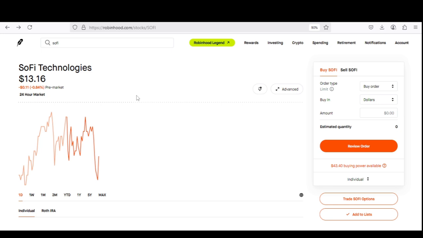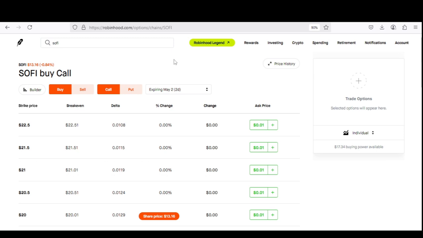The first thing is to always make sure you do your own due diligence before investing. The second thing is to always make sure you have an exit strategy before entering any options trade. Once you're good with that, then you can go ahead and start trading. Now we're going to go to Trade SoFi Options down at the bottom in order for us to open up the option chain.